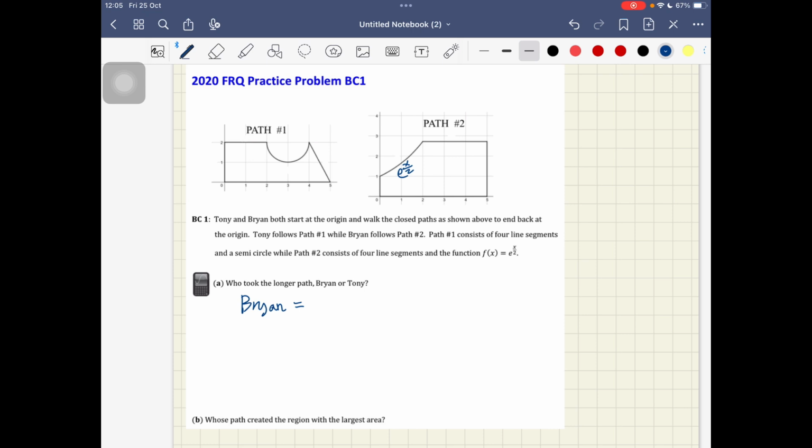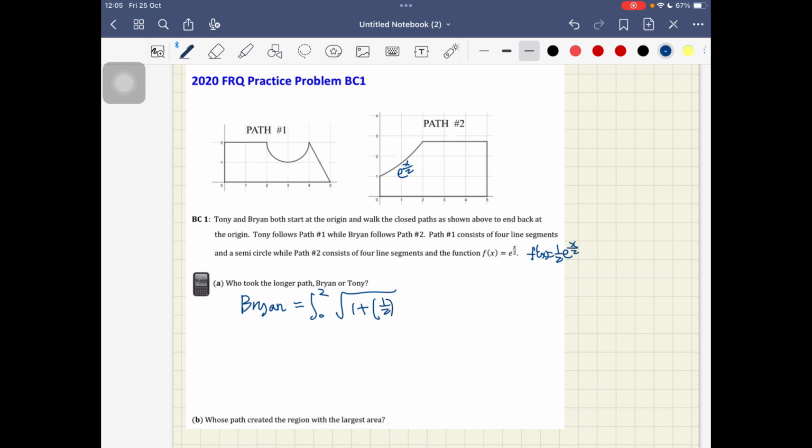Let's calculate for Brian first. So from 0 to 2, the square root of 1 plus f prime of x squared, where f prime of x equals 1 over 2 e to the power of x over 2.